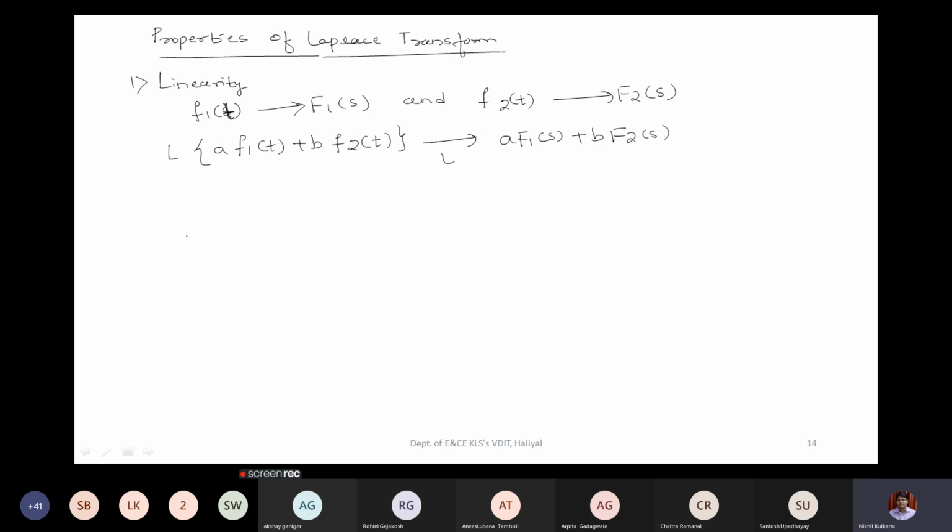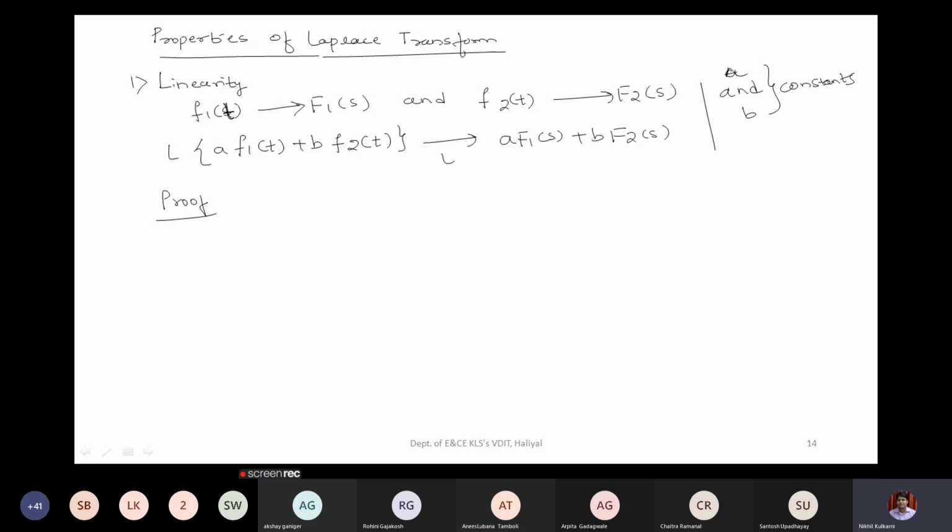So how to do this? So just we have to prove it. So where a and b, these are the constants.